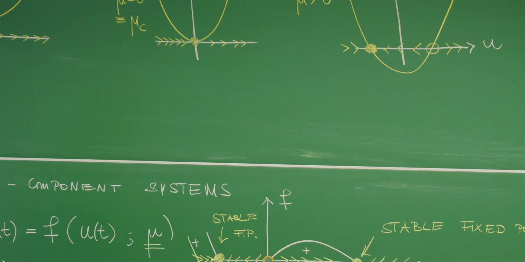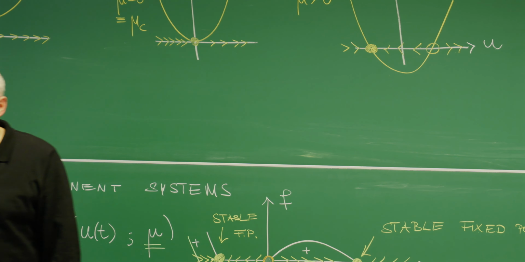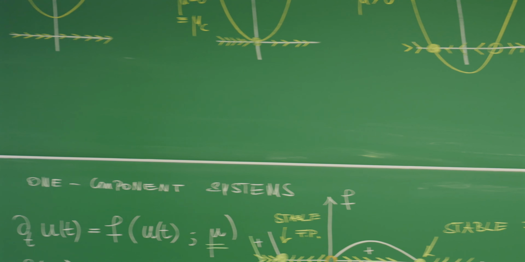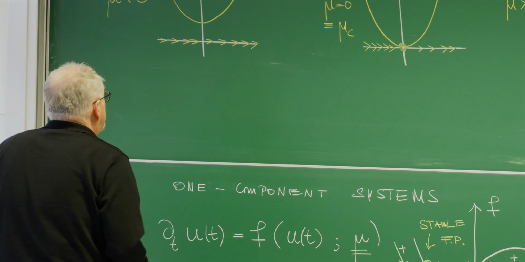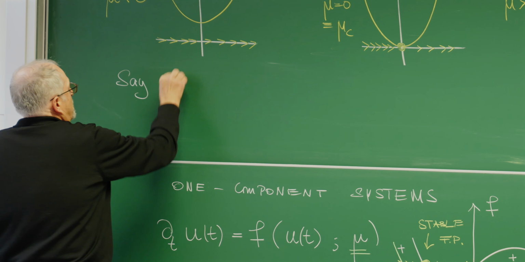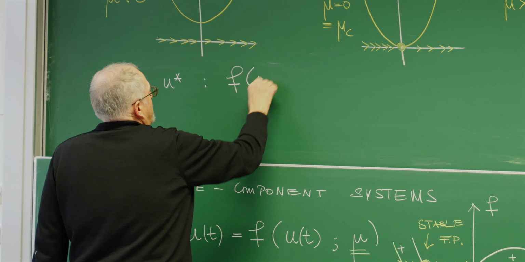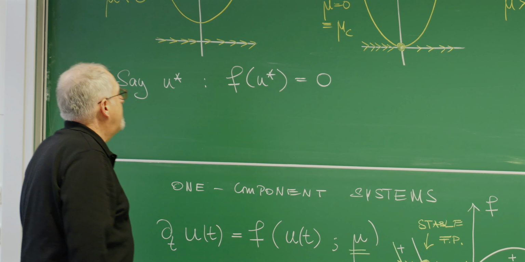And now let's do it in a more analytical way by really writing an expansion around the fixed points. Okay, so let's say that u star is a fixed point. That means f of u star equals 0.